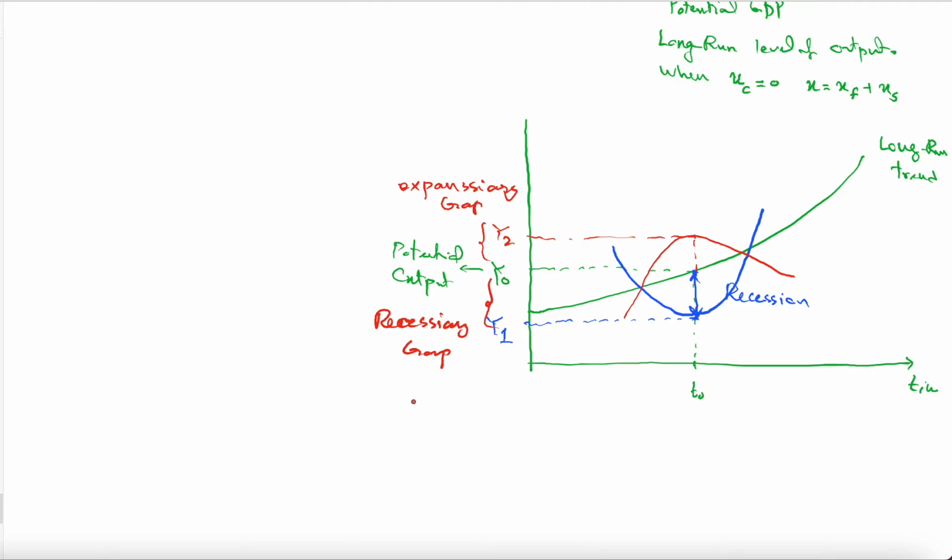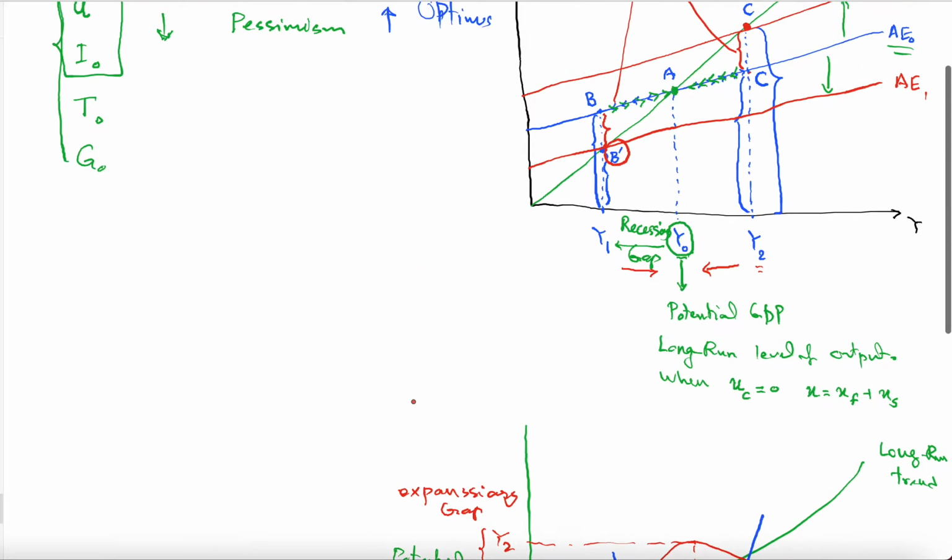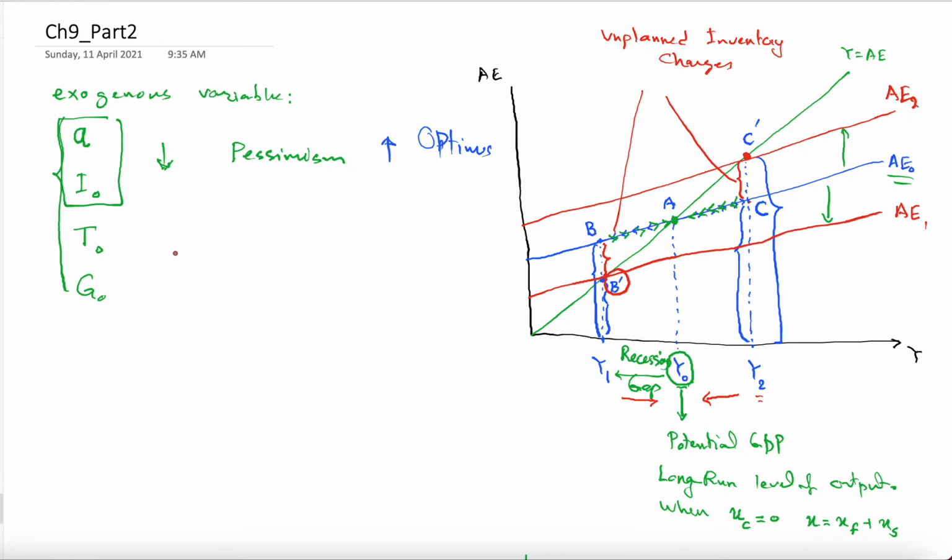Okay, so something interesting, that these two variables are in control of the government. They are discretionary control variables. The government cannot dictate that you're doing a wrong estimation, your optimism or pessimism is wrong. But the government can actually control its fiscal measures.